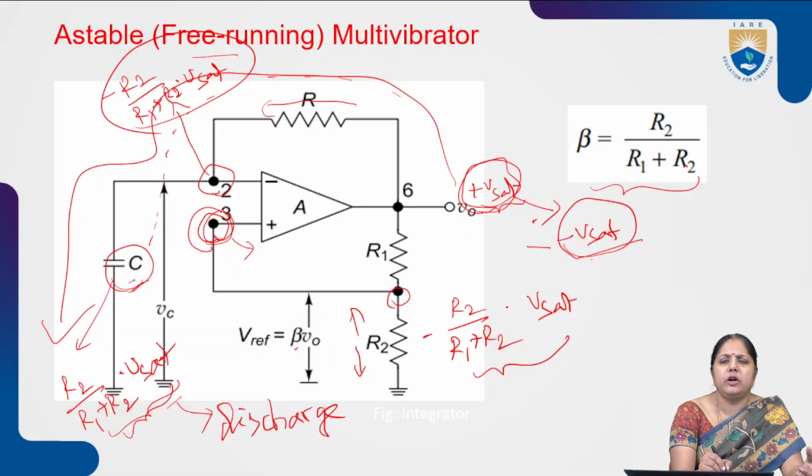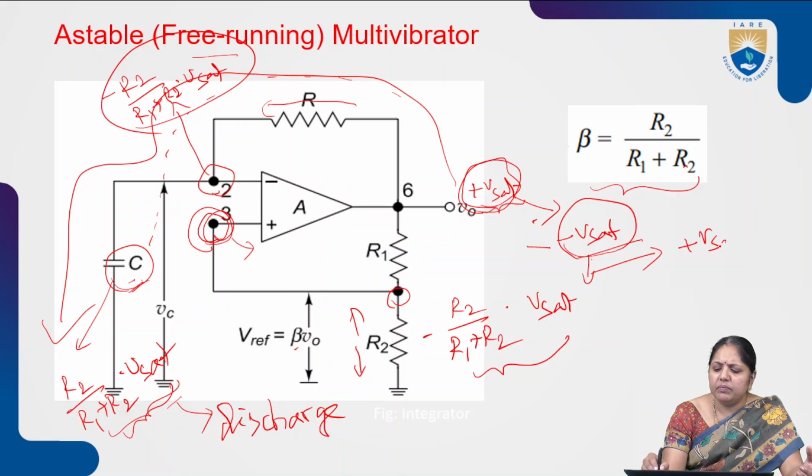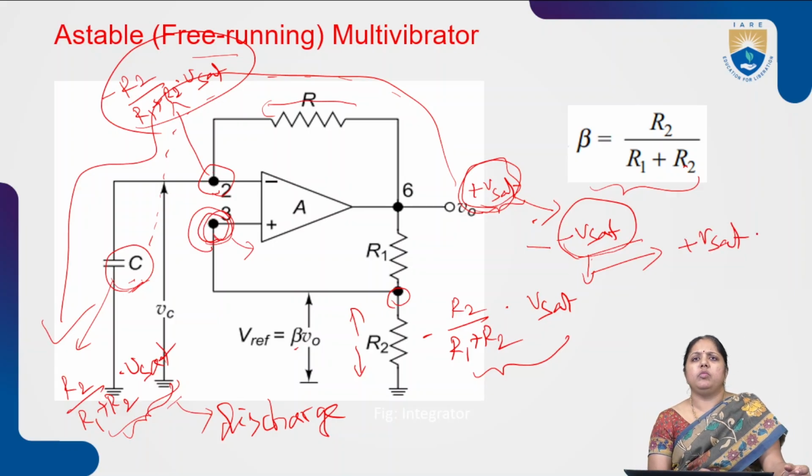So the output moves from minus Vsat to plus Vsat.